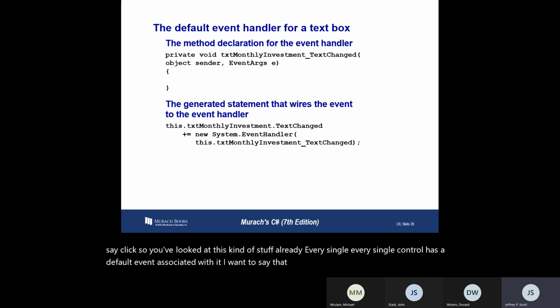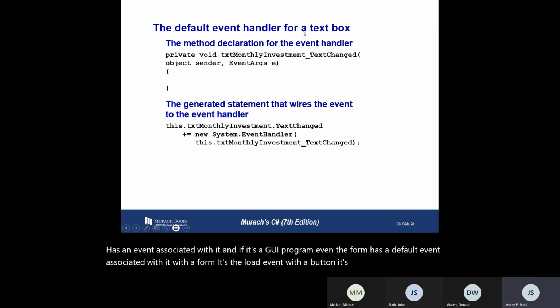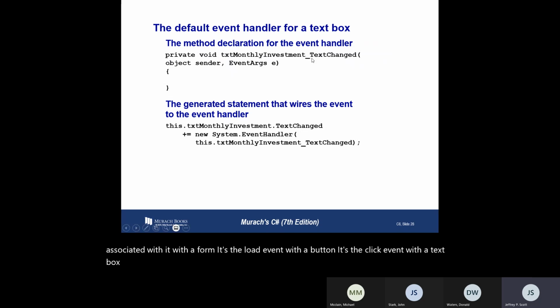Every single control that you put into your program has an event associated with it. And if it's a GUI program, even the form has a default event associated with it. With a form, it's the load event. With a button, it's the click event. With a text box, it's the text change event.